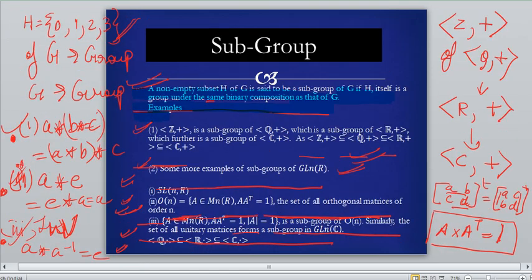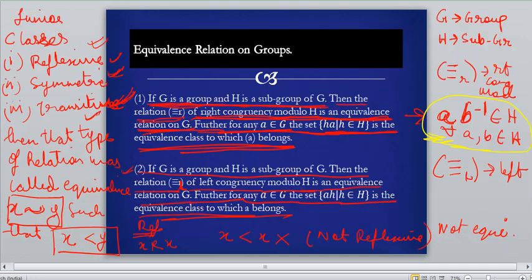Then we learned about subgroups, and we learned how Z plus is a subgroup of Q plus, which is a subgroup of R plus, and R plus, real numbers with the plus operation, is a subgroup of the complex numbers with the addition operation. Then we moved on to equivalence relations, like we did in class 12: reflexive, symmetric and transitive.